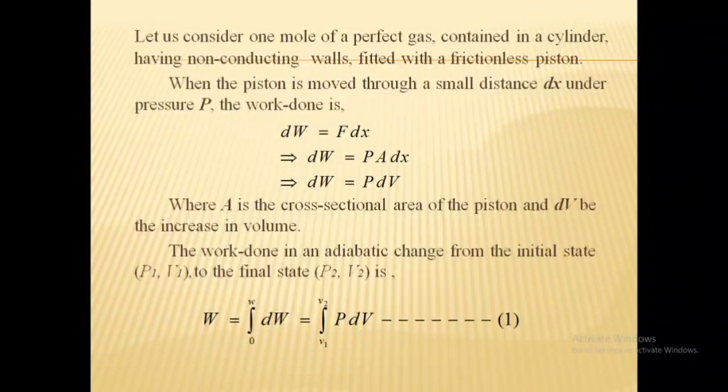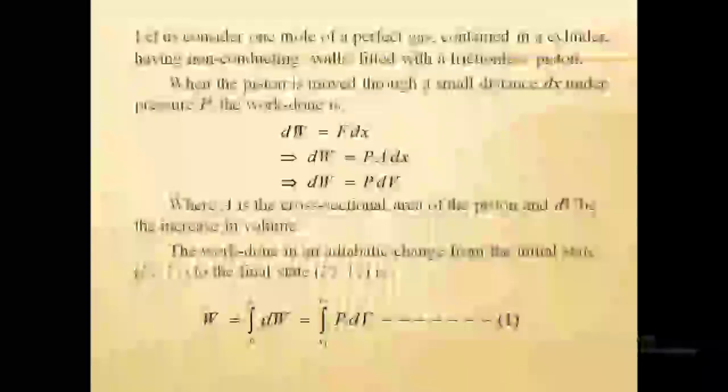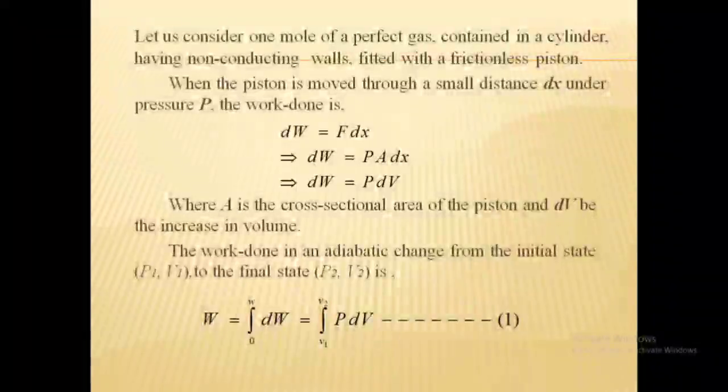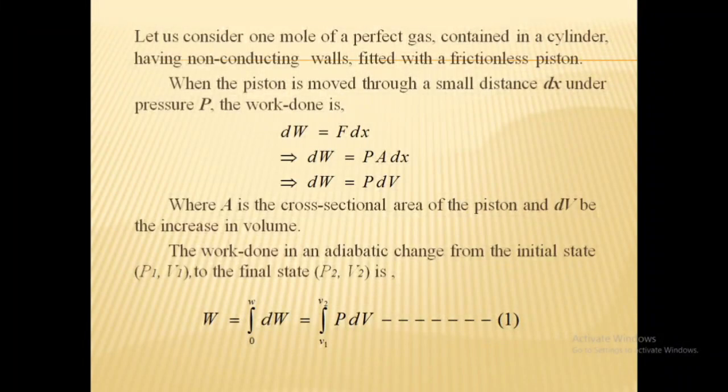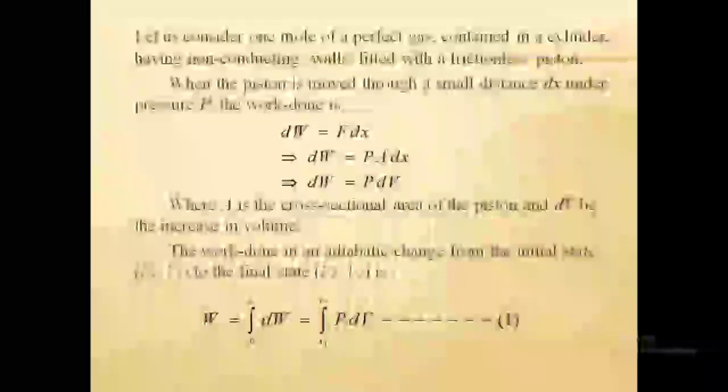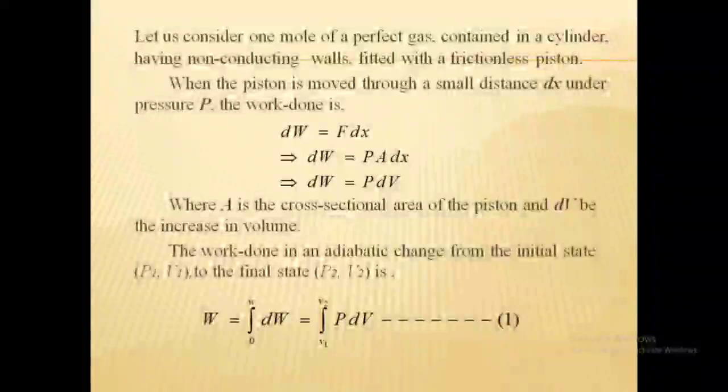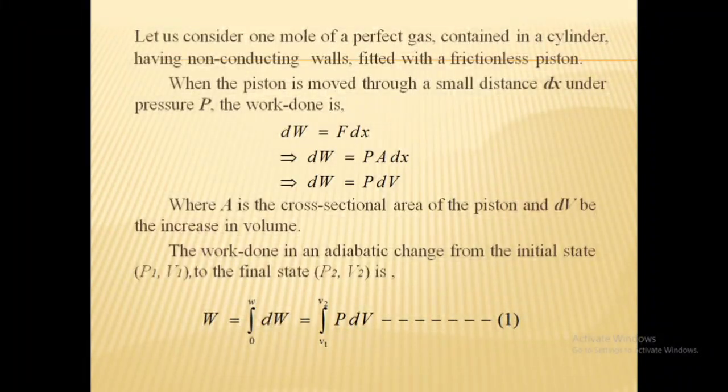Now the work done in an adiabatic change from the initial state P1 V1, which means the initial pressure of the gas is P1 and initial volume of the gas is V1, to the final state P2 V2, which means the final pressure of the gas is P2 and final volume of the gas is V2, can be written as W equal to integration dW.